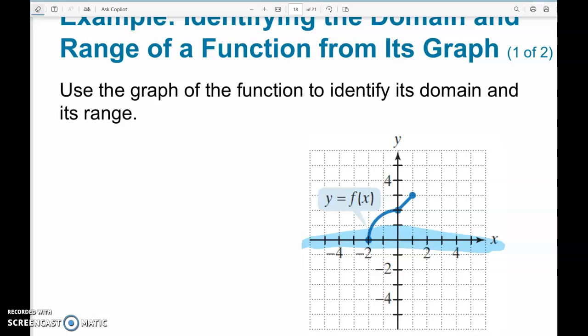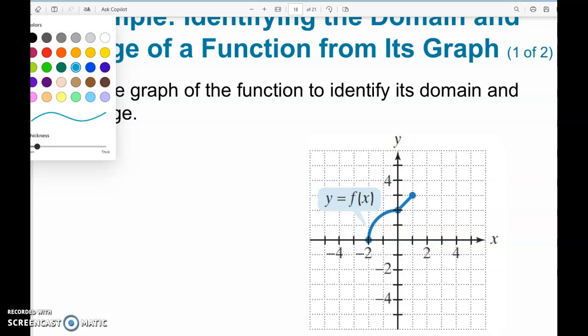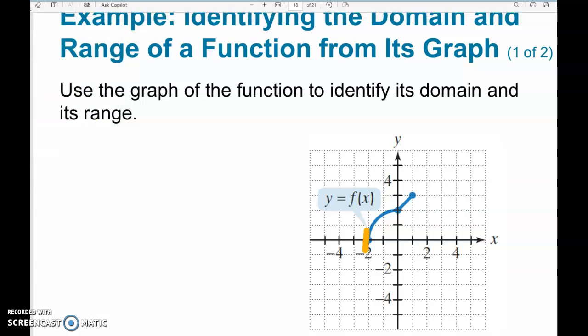And the line that they show me, this function f, is this blue line here. So if I look at the x-axis, I have values from here to here. Nothing else. There's nothing past 1. There's nothing below -2.